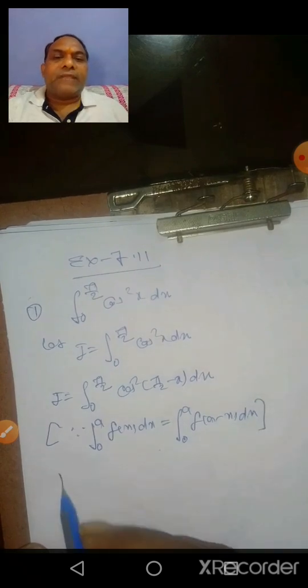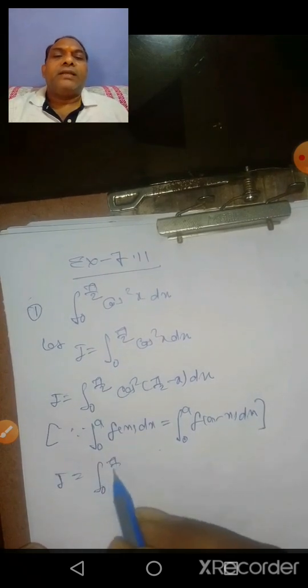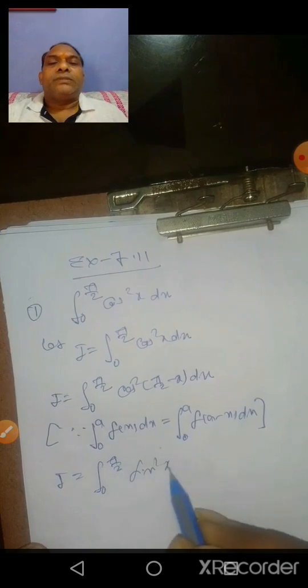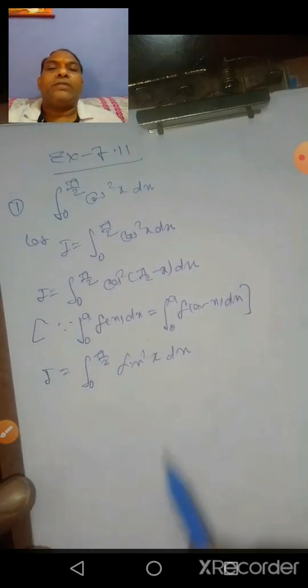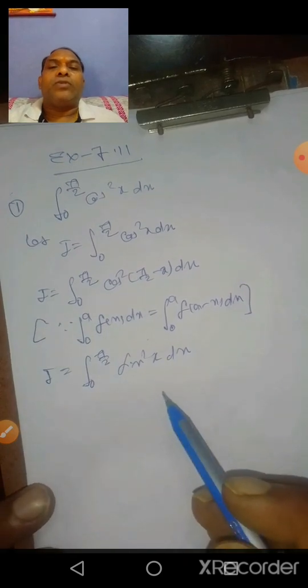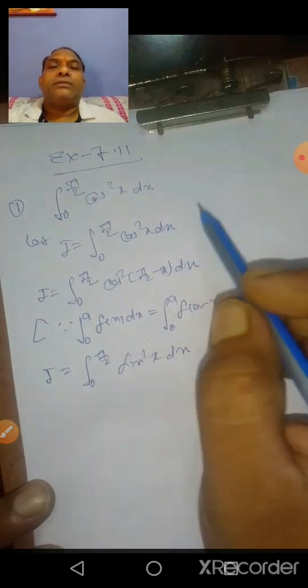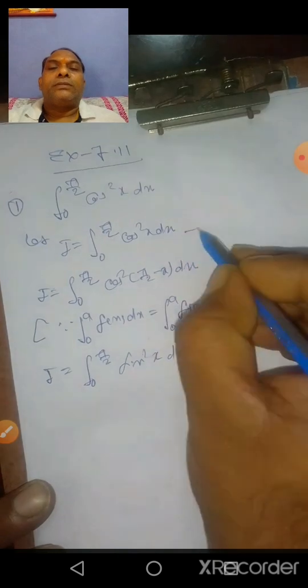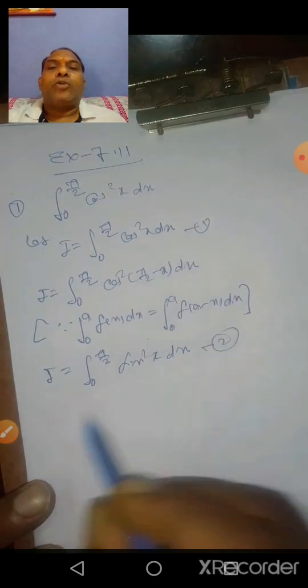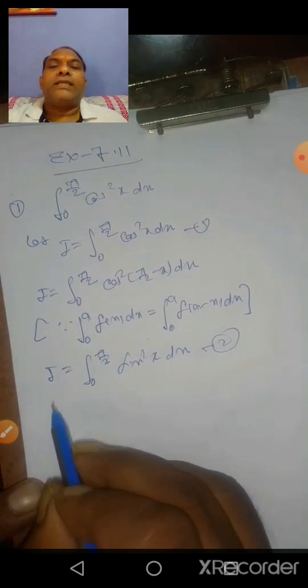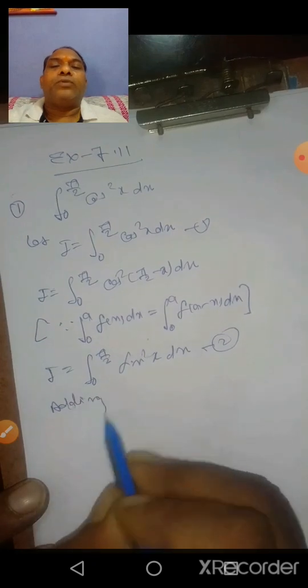Here f(x) is cos square x and a is pi by 2. So I will be equal to, we know that cos of pi by 2 minus x is equal to sin x. So this will be equal to integration 0 to pi by 2 sin square x dx.